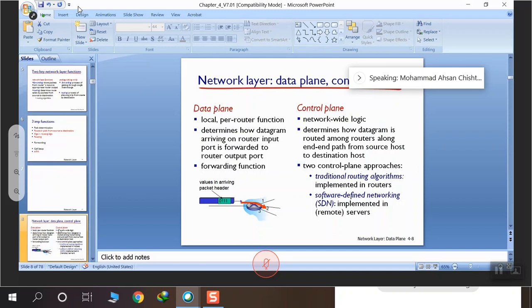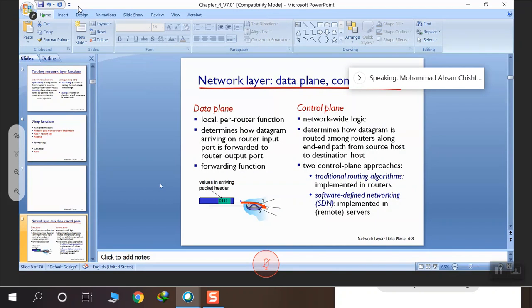If you're talking about router local function, it's about the data plane. The control plane is network wide logic, like I said, end to end, like routing, sending from the sender to the destination between the two hosts. Within the router, we would talk about the data plane. Forwarding is about the data plane. Routing is about the control plane. This we just now discussed.